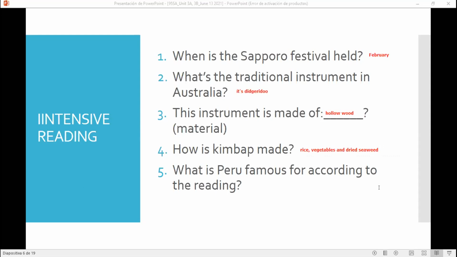These are like the 3 most important ingredients of this dish. ¿Sí? Sin estos 3 ingredientes no se puede elaborar el kimbap. ¿Sí? Son básicos. Si no hay arroz, no es kimbap. Si no hay vegetales, no es kimbap. Y si no hay algas deshidratada, tampoco es kimbap, ¿no? What is Peru famous for according to the reading?